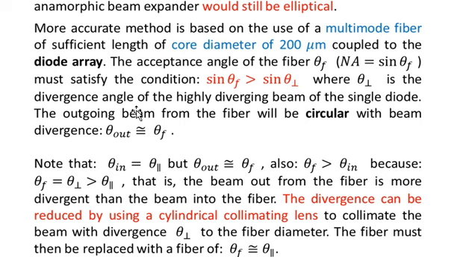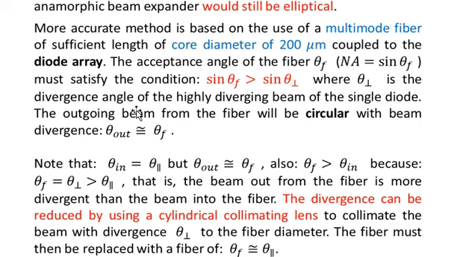So you see that now we are able to produce a circular beam using multimode fibers of appropriate length, and the beam from the output end of the fiber will be circular.